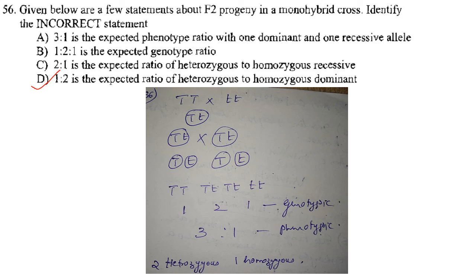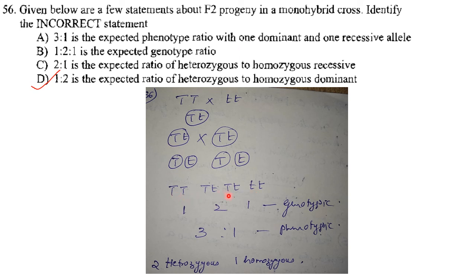Then, given below are few statements about F2 progeny in a monohybrid cross. Identify the incorrect statement. So this is the monohybrid cross of Mendel, capital T with small t. You get the progeny. When you self it, you will get 1:2:1 genotypic ratio and 3:1 phenotypic ratio. So 3:1 is the expected phenotype ratio with one dominant and one recessive allele.